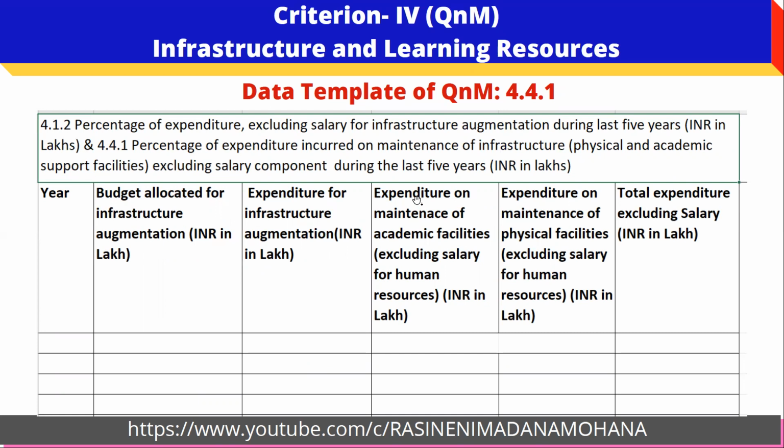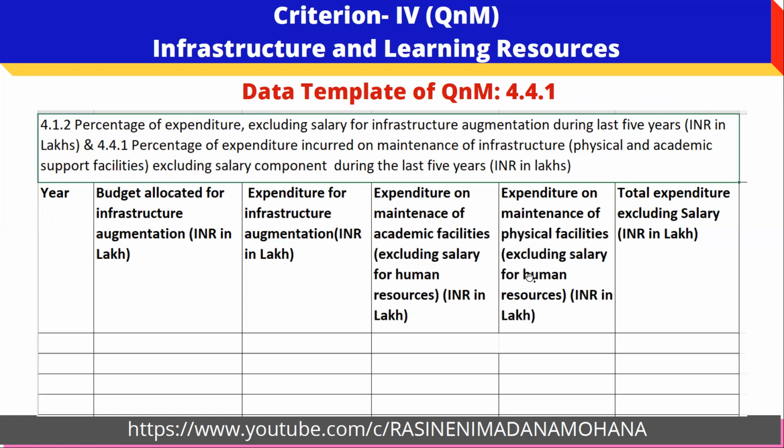Here the fourth and fifth columns are expenditure on maintenance of academic facilities, excluding salary for human resources. That means employee salary. Expenditure on maintenance of physical facilities, excluding salary of the faculty. So this is for academic facilities maintenance.